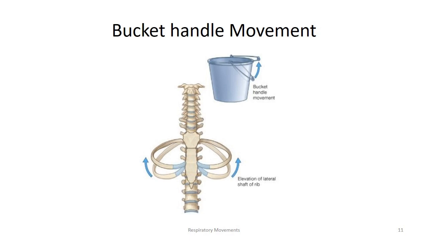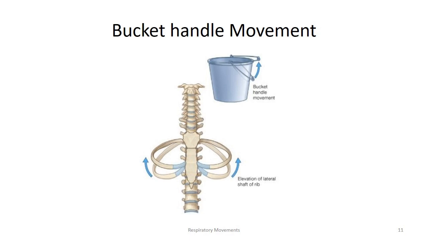Now during inspiration, there is elevation of your lower ribs, and due to their more angled shape, the motion is predominantly at the lateral aspect. Can you see both the blue arrows, right and left side?